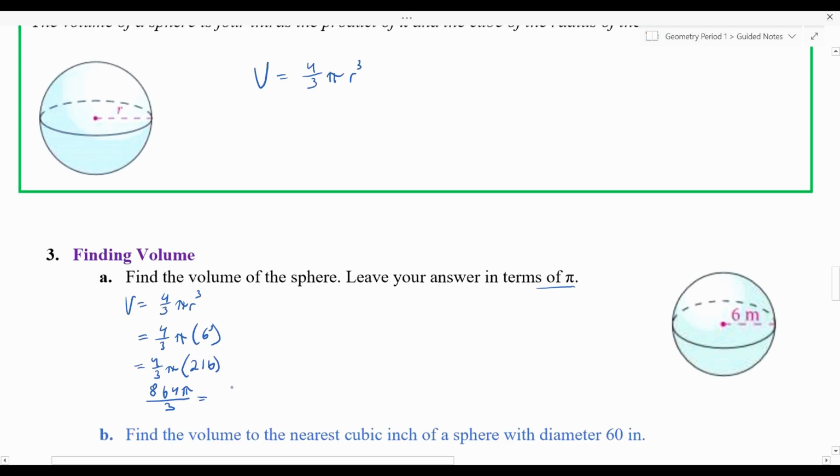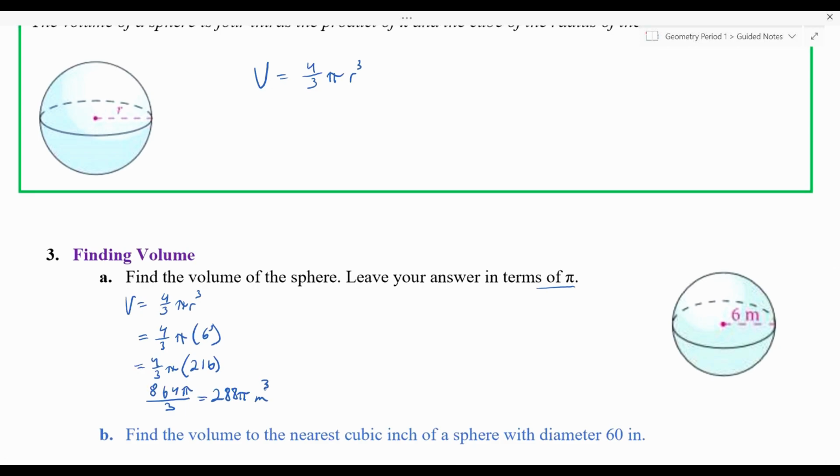This does clean up a little bit more, and this comes out to be 288 pi. And the units are in meters. We're dealing with volume, so it's going to be cubic meters. And that's the answer for this problem, cubic meters.